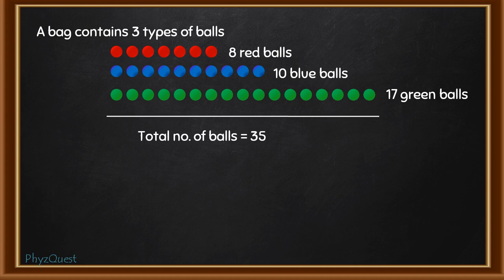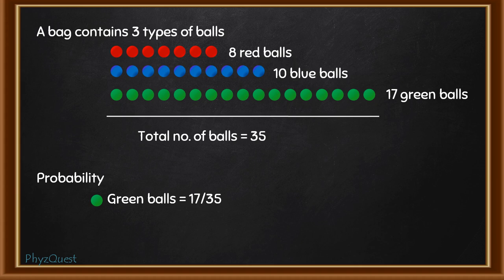Since there are 35 balls, when we calculate the probability of each type of ball, see here, the highest number of balls is the green color ball, lower than that is the blue color ball, and lowest is the red color ball. So the probability of getting a green color ball is 17 by 35 because the number of green balls is 17 and total number of balls is 35.